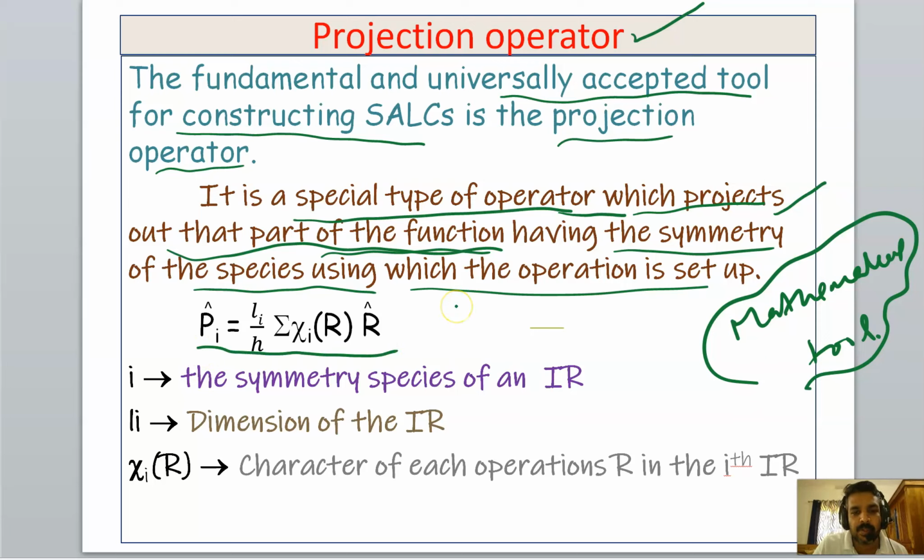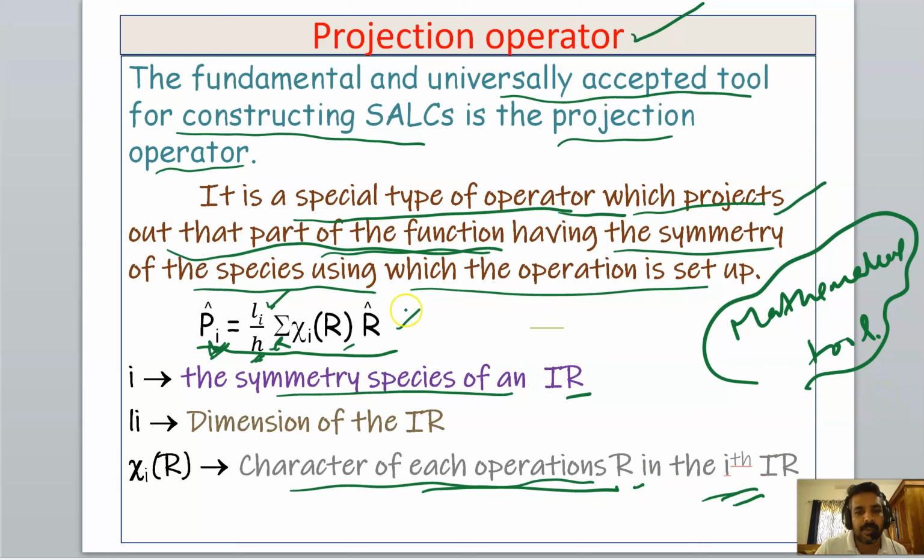P_i is the projection operator using the ith symmetry, where i is the symmetry species of an IR. l_i is the dimension of the representation, h is the order, chi_i(R) is the character of each operation R in the ith irreducible representation, and R cap is the symmetry operation.